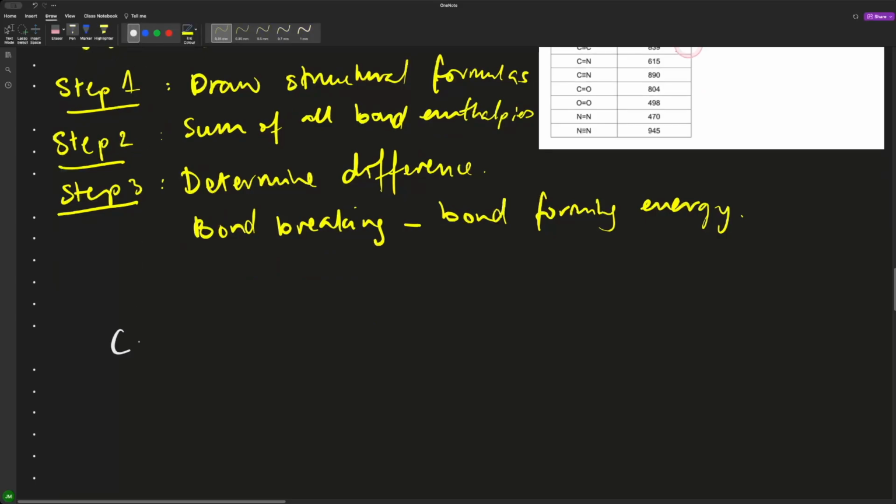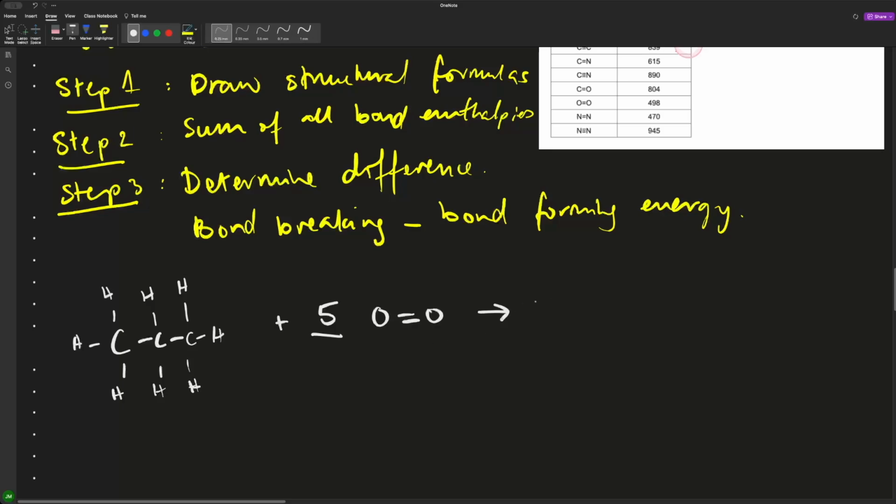I'm going to draw our structural formulas. Okay, and our other reactant is oxygen. Now we have 5 of them. We need to make sure we write that 5 there so we don't forget. It's 5 oxygens. Now oxygen is double bonded to itself.